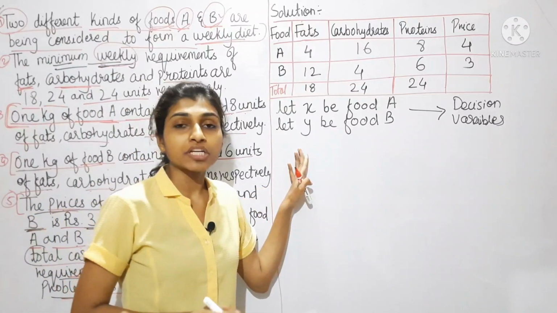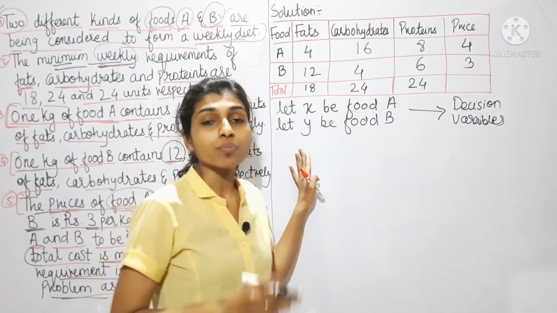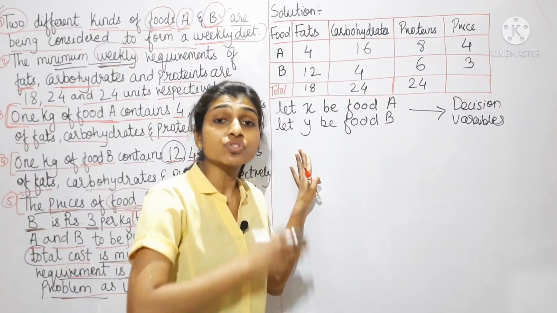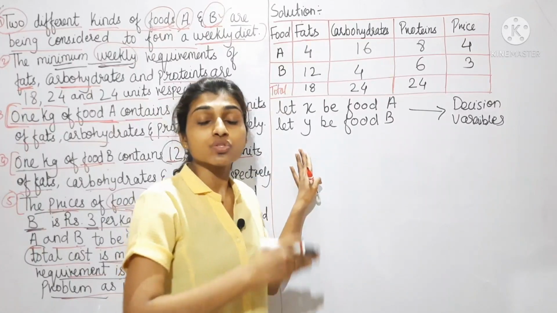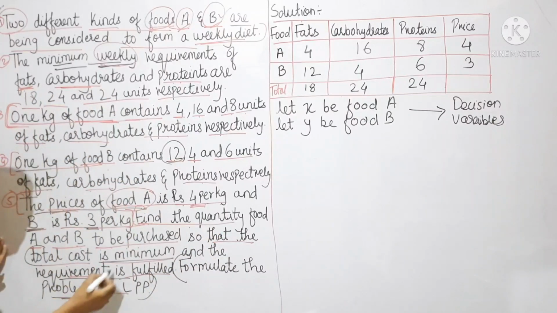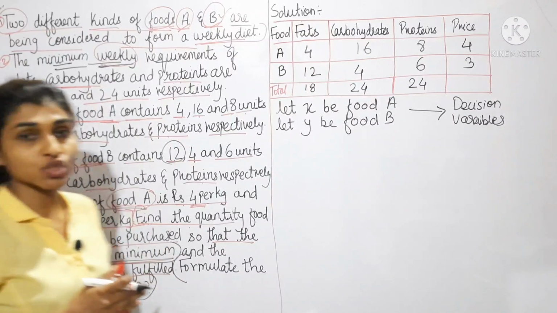Now what is the objective function? Objective function means the goal, whether it is to minimize or maximize. Here they have said that the total cost is to be minimum. That means minimization of the cost.